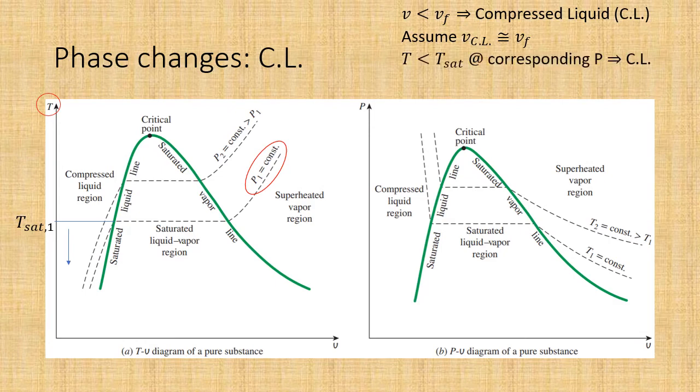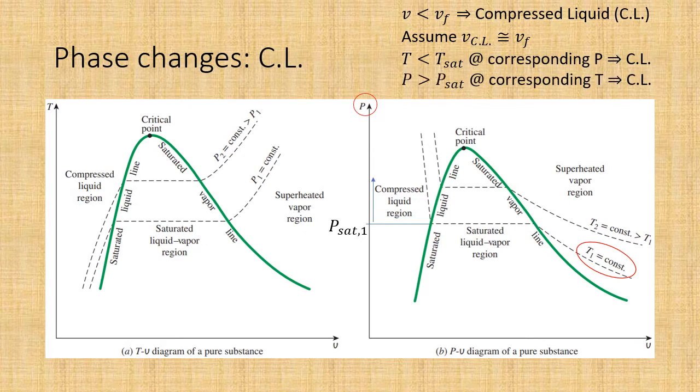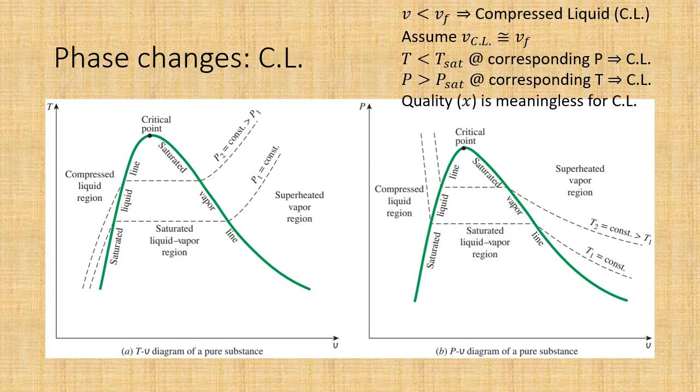If we consider a constant temperature T1 and the pressure P is higher than the saturation pressure Psat corresponding to T1, then we have a compressed liquid. For a compressed liquid, the quality X is meaningless, since compressed liquid is not a liquid-vapor mixture, is not a saturated liquid, or a saturated vapor.